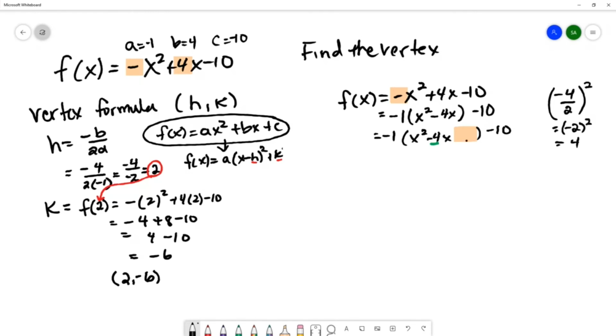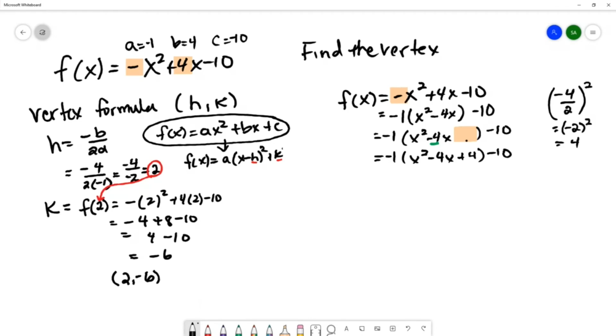But I need to balance the equation, and we're going to balance the equation by zeroing it out. So let me write that number inside of the parentheses. I'm going to write a +4. But to balance it out, I need to figure out what I've just done by writing that +4.